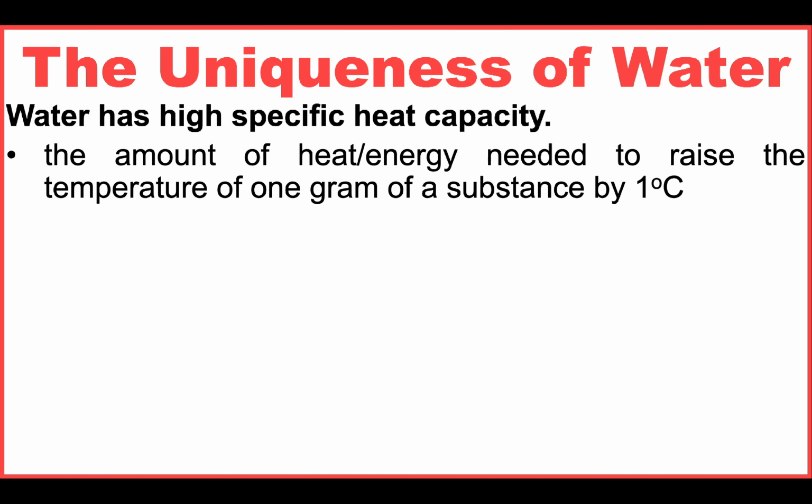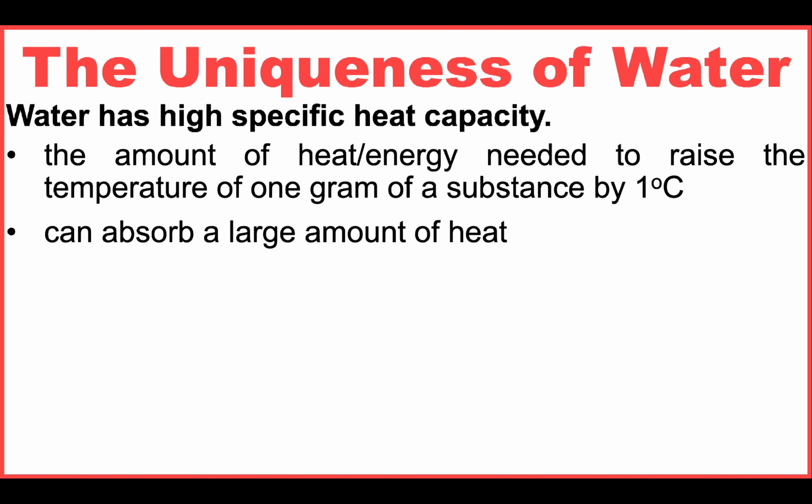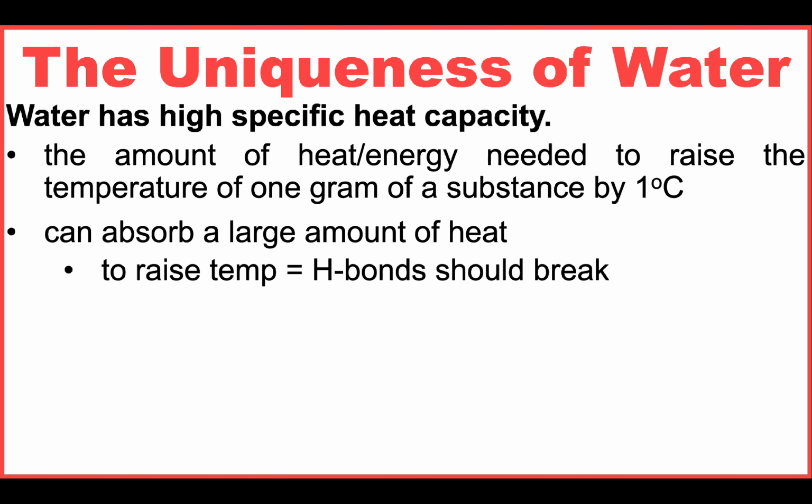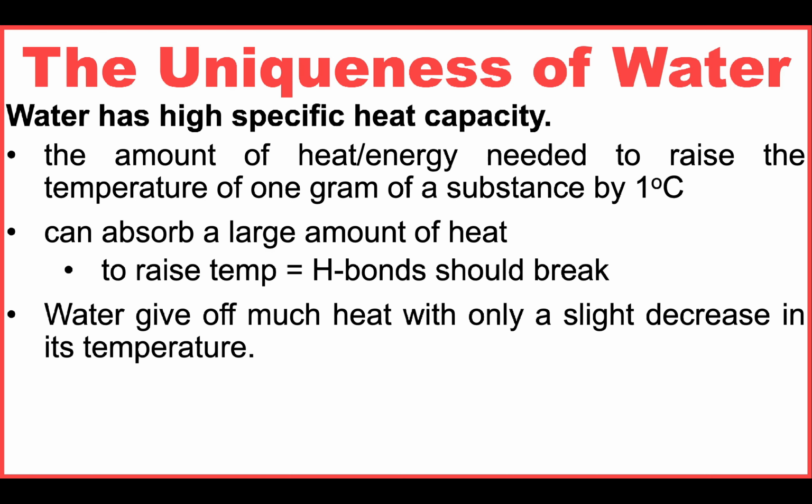It is one of the highest for many liquids. Because of that, water can absorb a large amount of heat even if its temperature rises only slightly. To raise the temperature of water, the IMF hydrogen bonds should break. The opposite is also true. Water can give off much heat with only a slight decrease in its temperature.